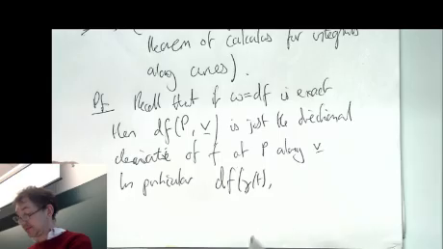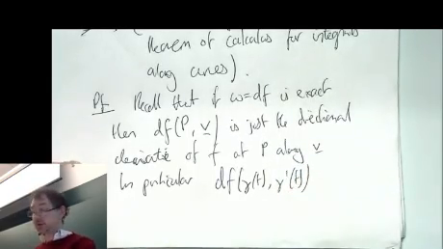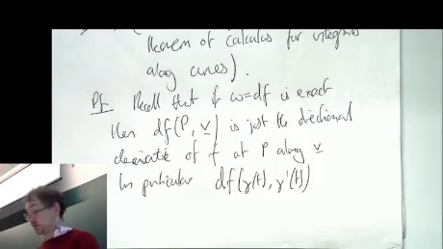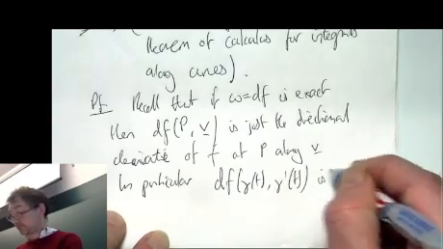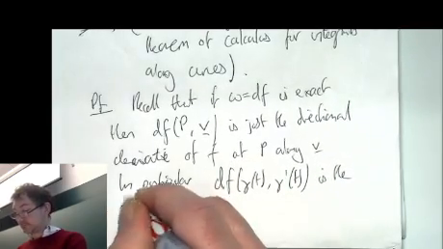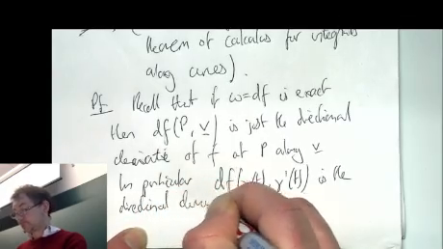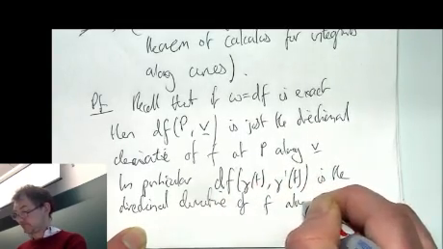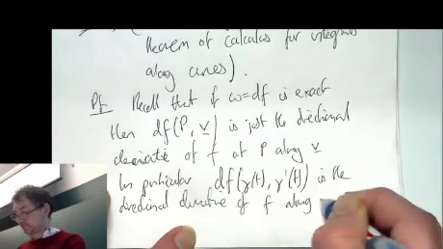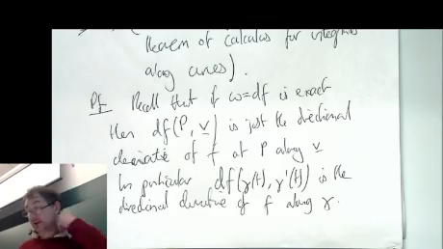Gamma of t gives me the point, and gamma dash of t gives me the velocity. So this is the directional derivative of f along gamma, one for every point t.